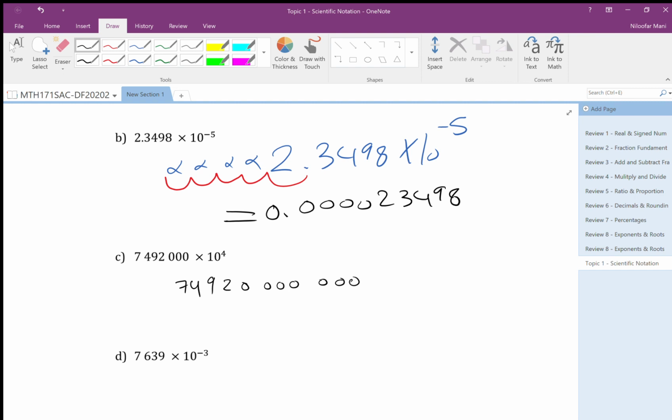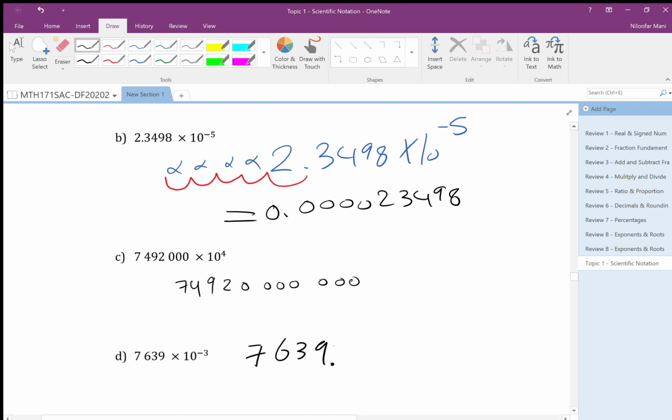Here, D. What is the answer? You have 3 moves. Do you see a decimal? No, it doesn't matter, you have to add the decimal at the end. You don't see a decimal, you have 7 6 3 9, you put the decimal at the end.